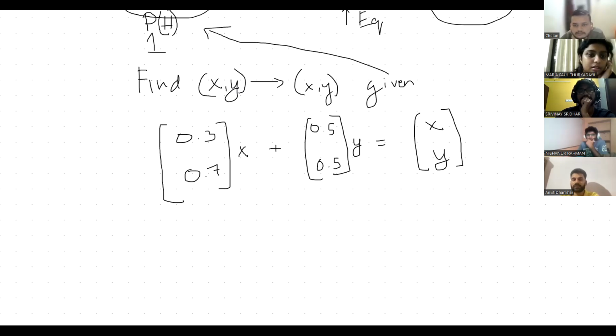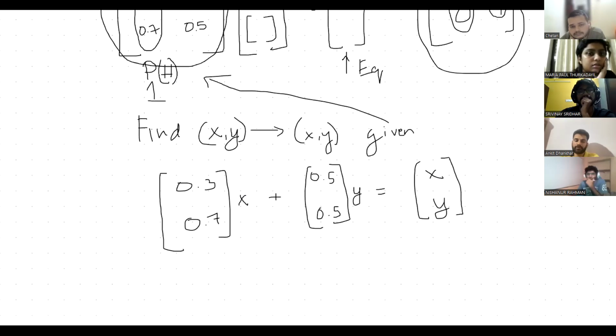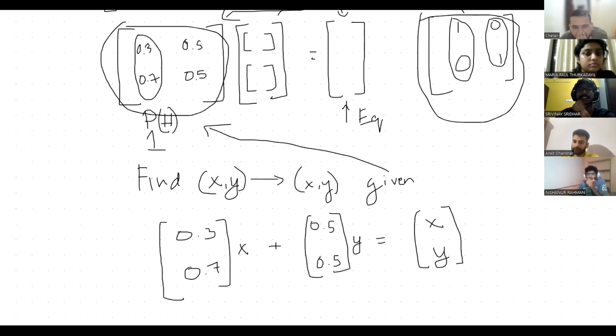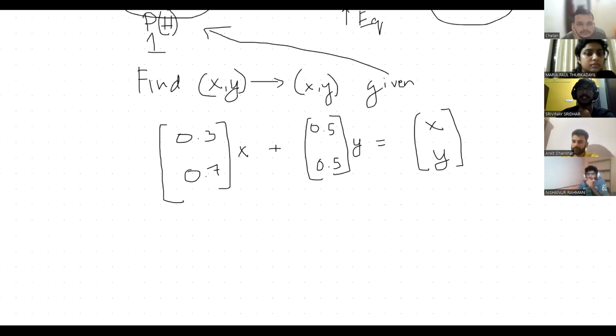But this matrix, that is the coefficient matrix of 0.3, 0.5, 0.7, 0.5, has to be multiplied repeatedly. But in the end, there is some x, y which is the input, for which x, y itself is the answer. The column vector should have changed after n number of multiplications.